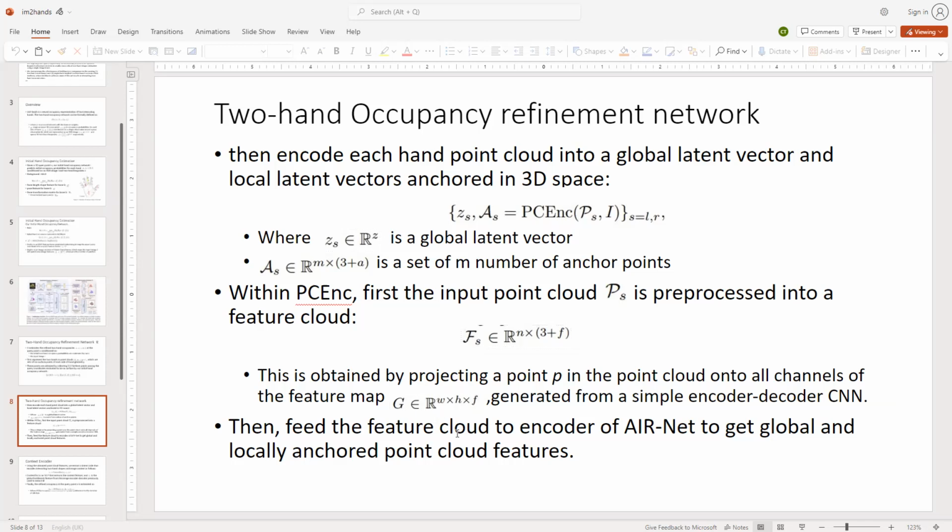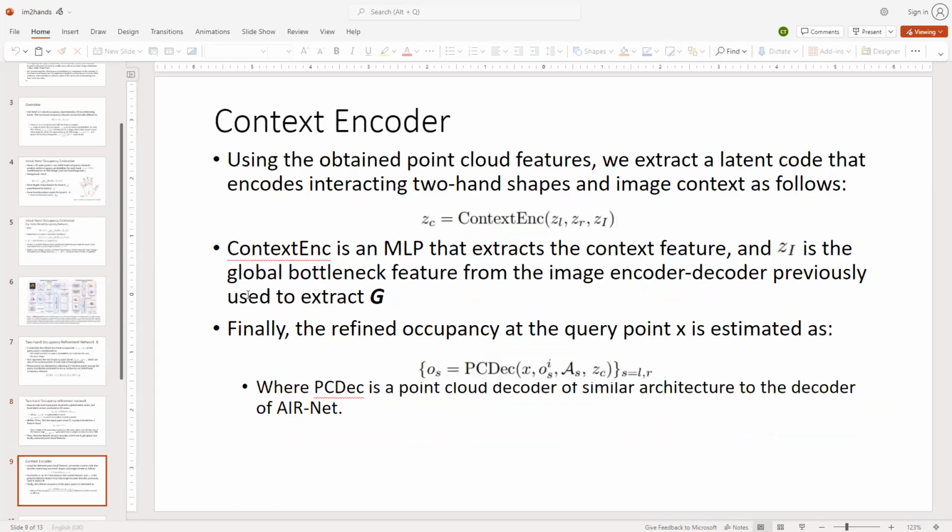Then feed the feature cloud to the encoder of AirNet to get global and locally anchored point cloud features. This AirNet is another architecture that you would have to go to the paper to find more about. And then next comes the context encoder.